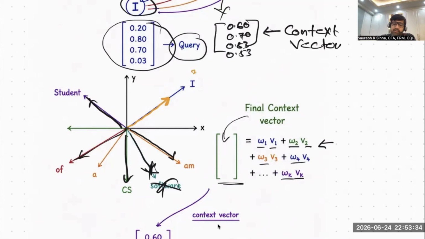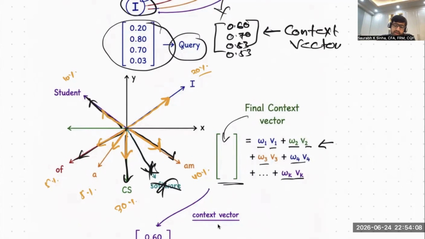So you are assigning a weight of, say, 20% here, 10% here, 5% here, 5% here, 30% here, and 40% here. Now am will get reduced by the weight of 40, then CS will get reduced by the weight of 30, then A will get reduced by the weight of 0.05, and of will get reduced by the weight of 0.05, as in the magnitude.